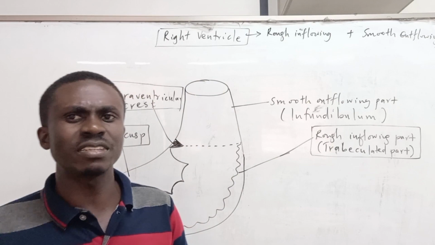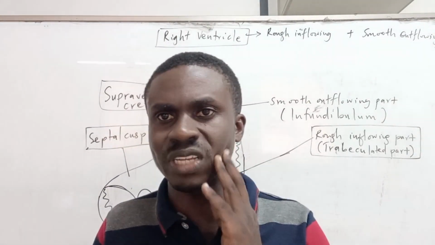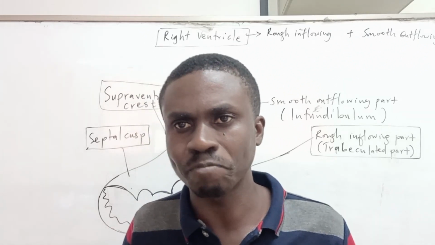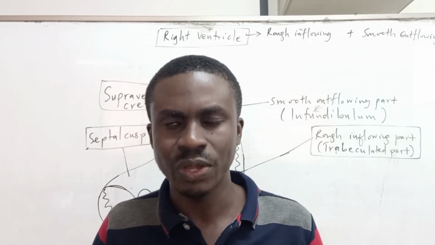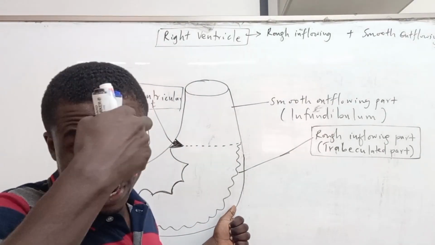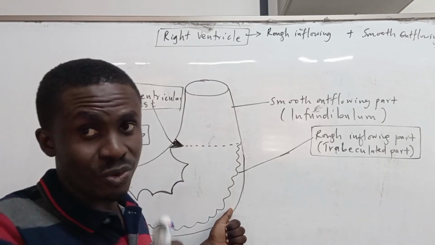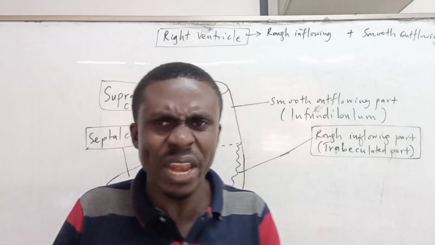Now, based on my observation over the years in the gross anatomy lab, I've seen that in the case of the left ventricle, we have numerous trabeculae carneae, which are finer. They are small, so there are a lot of them.